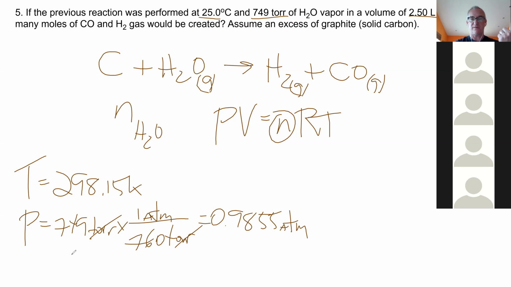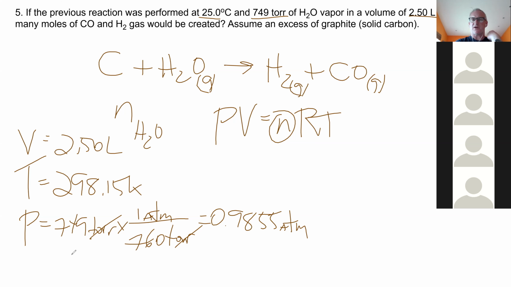So I've got my temperature, got my pressure. What else do I need? Volume. What's my volume? 2.50 liters. So now I just plug them into PV equals nRT.